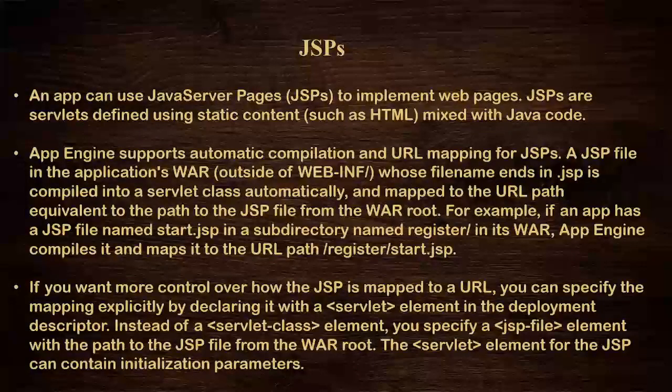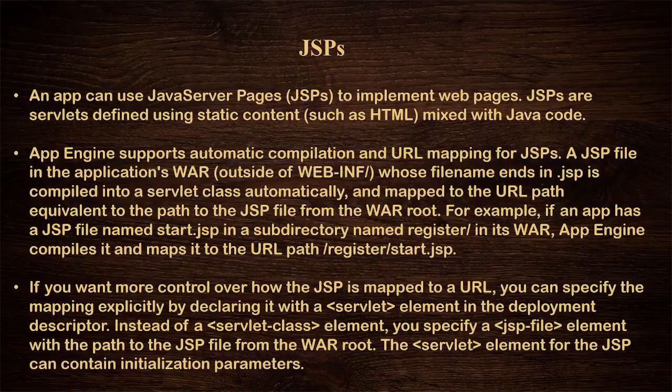Then we talk about JSPs. An app can use JavaServer Pages to implement web pages. JavaServer Pages are servlets defined using static content, such as HTML, mixed with Java code. App Engine supports automatic compilation and URL mapping for JSPs.